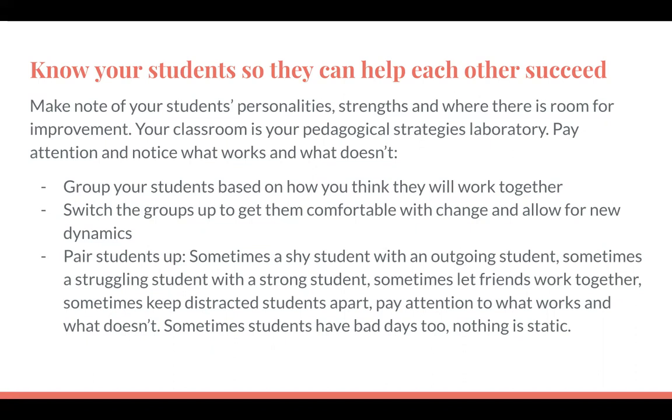Pay attention to what works and what doesn't in the class, and what groups work well together and which don't. Sometimes students have bad days too, and nothing is static. Just because they didn't work well together one day doesn't mean that they're not good to work together another day. But pay attention.